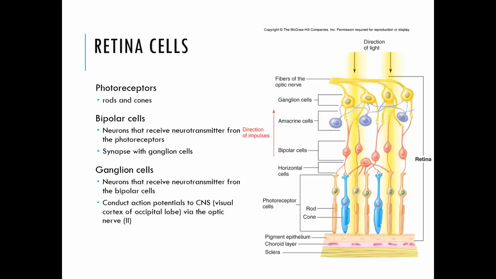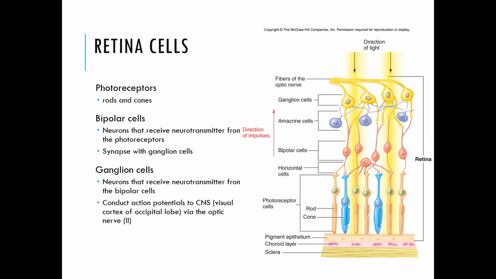So what are the photoreceptors present in the retina? We have our two photoreceptors, which are our rods and cones, right? We have bipolar cells as well present in our retina. Those are the neurons that receive neurotransmitters from the photoreceptors, and they synapse with your ganglion cells, so they transport messages from your photoreceptors to your ganglion cells. And the ganglion cells are the neurons that receive neurotransmitters.